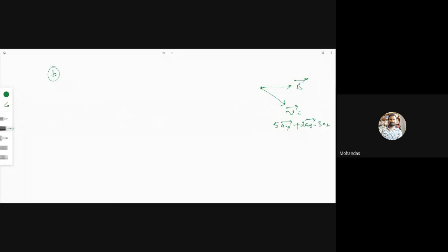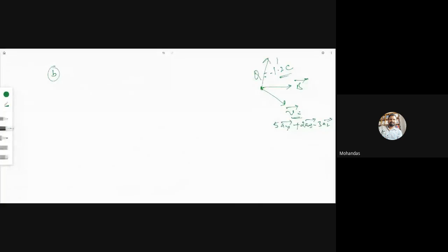And now the force will be like this. That force is known as the magnetic force. The magnetic force Fm is equal to Q into V cross B. Q is minus 1.6 and V is 5 AX plus 2 AY minus 3 AZ, cross B. What is the magnetic field vector?